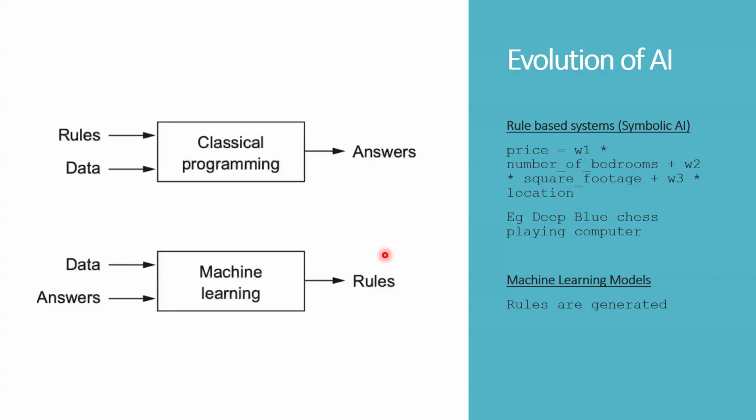Such data we feed to the system: both the input features as well as the dependent variable, the target variable. We leave it to the machine learning algorithm to learn from the data how they are related to each other, and then it will create certain rules. Those rules it will use for future predictions.